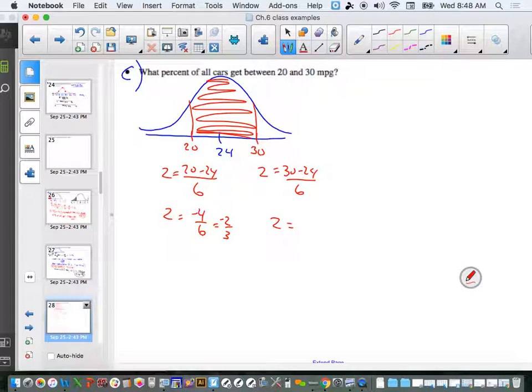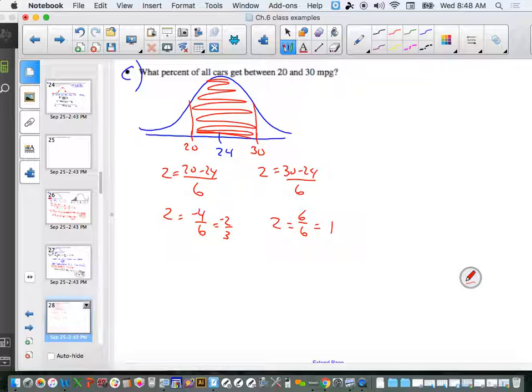And over here I get 6 over 6, which is equal to 1. I've just converted those to z-scores. So essentially I'm saying 20 miles a gallon is 2/3 of a standard deviation below the mean. And 30 miles a gallon is 1 whole standard deviation above the mean.